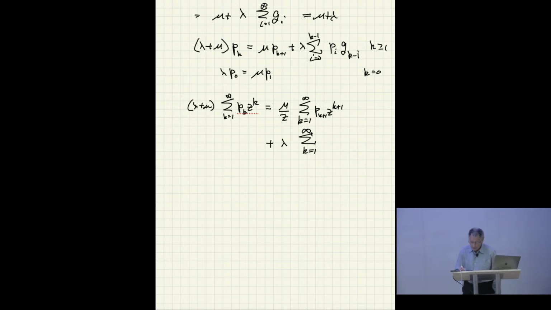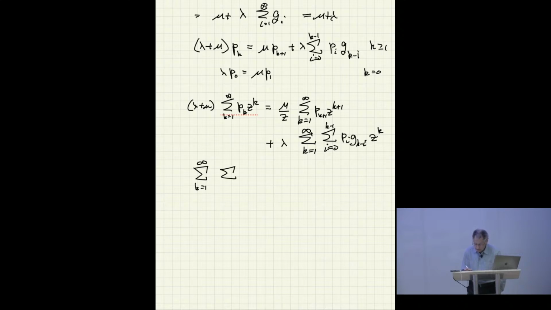And then I've got this other sum, i equals 0 to k minus 1, of p i g k minus i times z to the k. Well, son of a gun, I got a double sum. Now I'm going to pull a usual trick on you. Let's write down that double sum all by itself. And I want to exchange the order of summation. That's what I'm going to set up to do, because it leads to a very nice result.